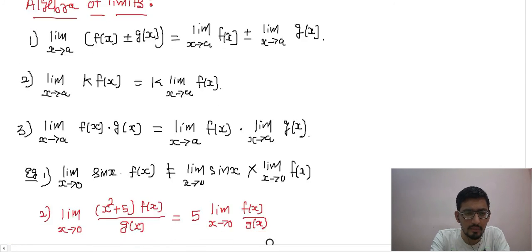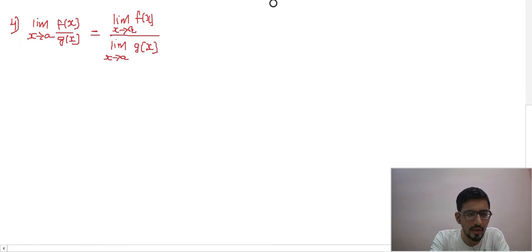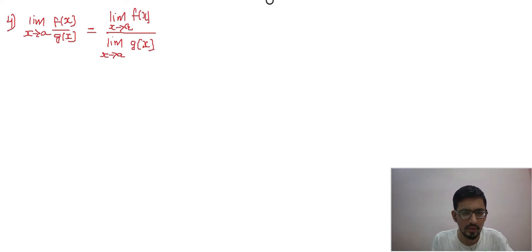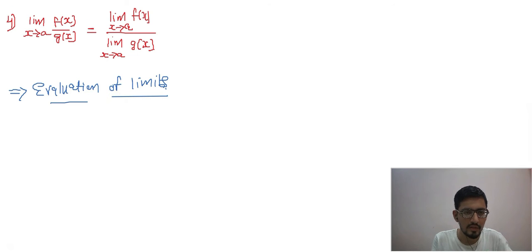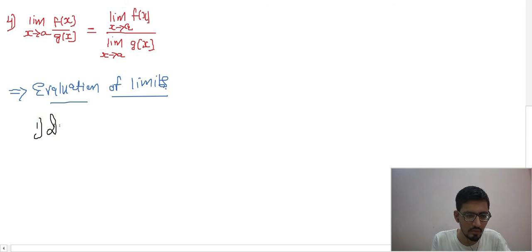Next thing coming after that is how to evaluate the limits. So several types of limits you have to understand. So next title you can give, evaluation of limits. To evaluate a limit, the first method we are going to study, very simple, is called direct substitution method.